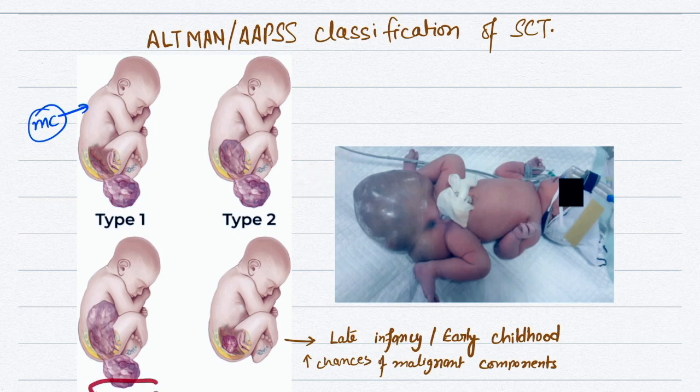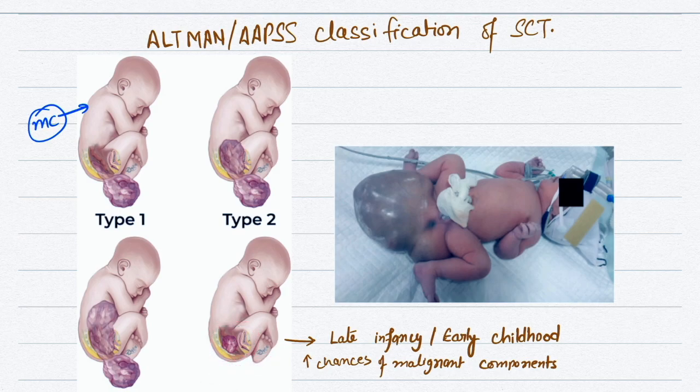Type 3 again contains both external and internal masses. In this, the external mass is less than the internal mass, and the internal mass reaches up to the abdomen. Type 4 contains only an intrapelvic mass and no external tissues can be identified.